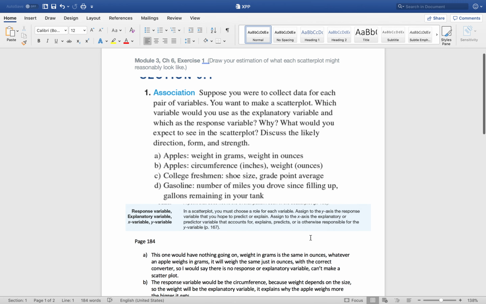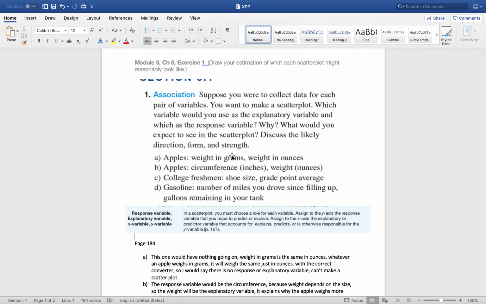Everything changes based on what you're looking at. Just look and see if the two would have a correlation or not. If you could say they wouldn't have a correlation but they still do, then it's not going to be a very strong correlation, and there's not going to be a strong strength, form, direction, anything.